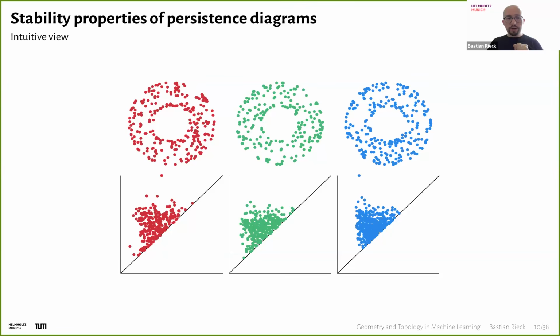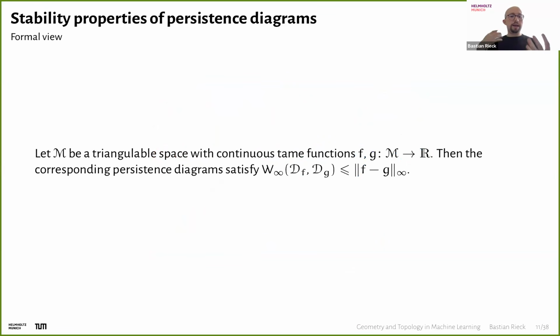So more concretely, this means that if we have a triangulable space with continuous tame functions, this is a very technical detail, but it's always satisfied in practice except for very degenerate cases, then the corresponding persistence diagrams satisfy that their topological variation on the left-hand side is upper bounded by the functional variation between the two functions on the right-hand side.